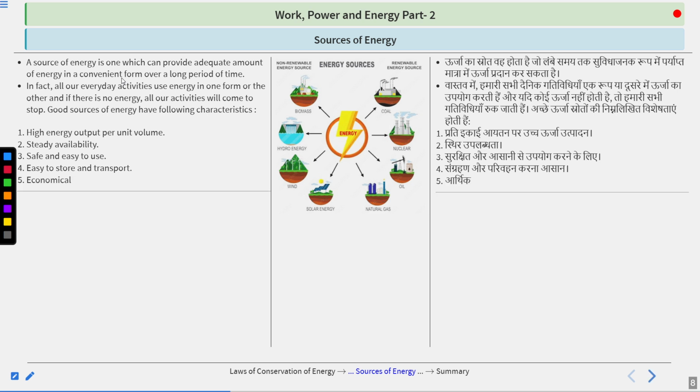Economical. Say we know there is a source from where we could generate an adequate amount of energy for a long period of time. But the input cost, meaning the costs including your efforts, your time, your money to get this energy, is so much higher that we could not sustain it even for a short duration.